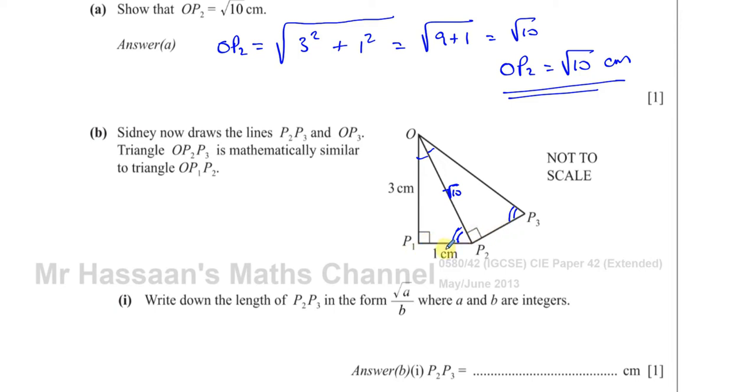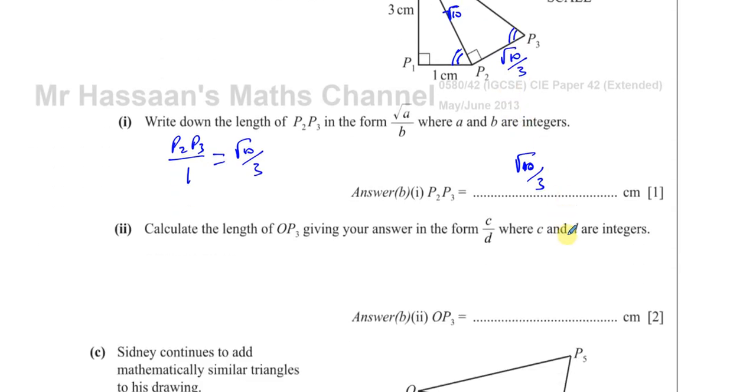Those are corresponding sides in these two similar triangles: the shortest side divided by the shortest side is equal to the other shorter side divided by the other shorter side. So these are in the same relative position. So I know that P2P3 divided by 1 is going to be the same as root 10 over 3. So the answer is root 10 over 3, using similarity.